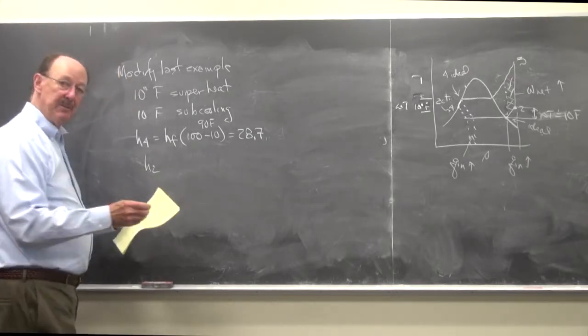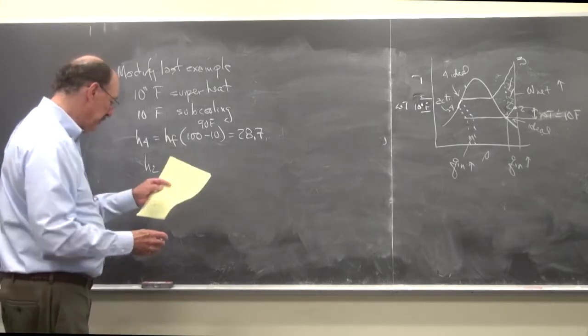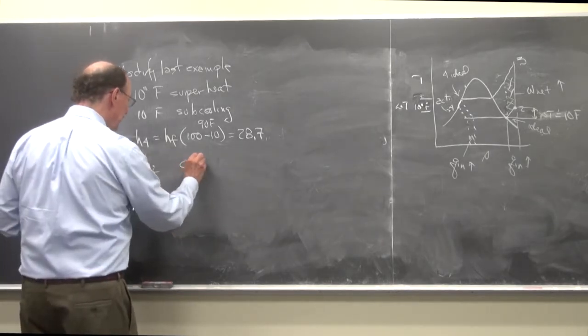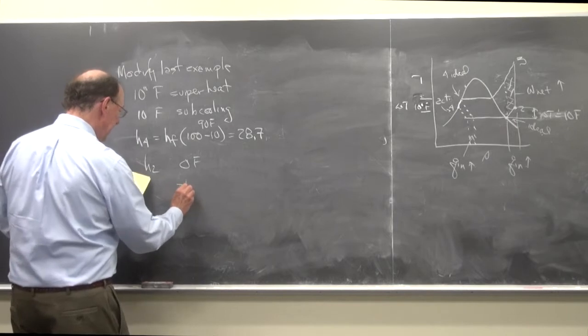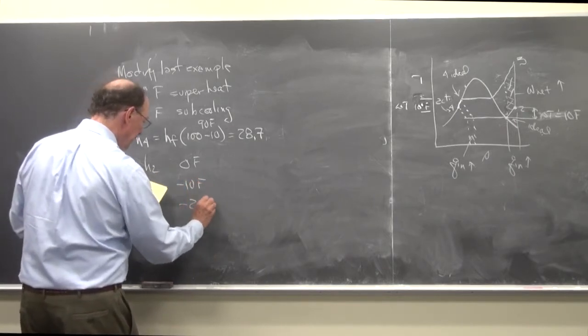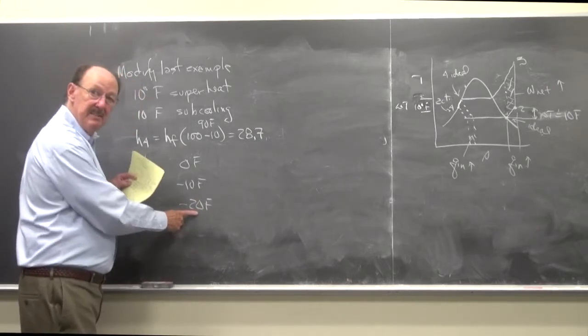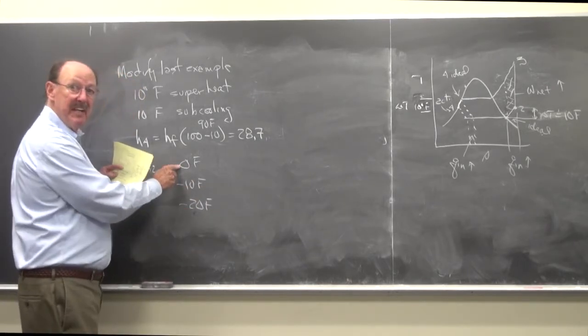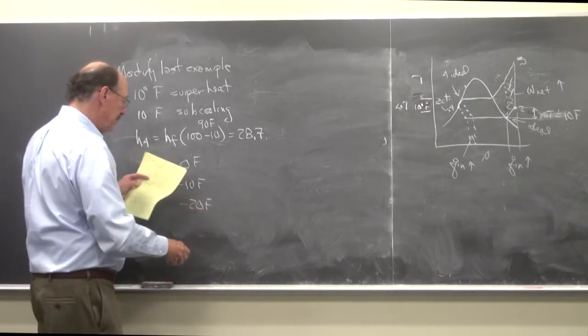So I thought I would show you this just to remind you how to interpolate. So it's 0 degrees Fahrenheit minus 10, which is what we want, minus 20. So this is in the saturated tables. This is the lowest value in the superheat table, so I have to interpolate between them.